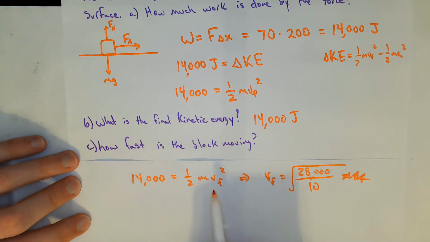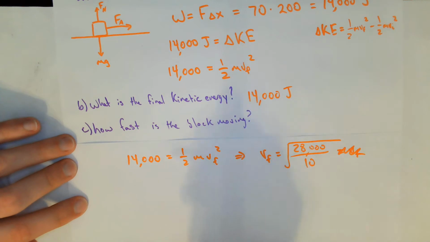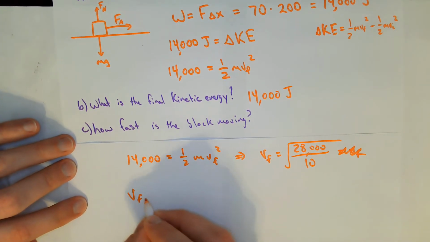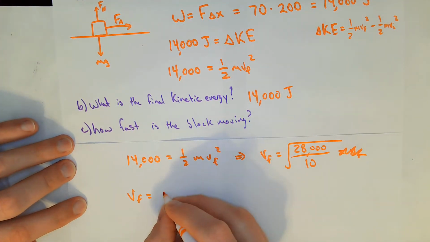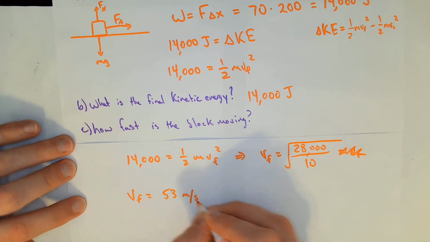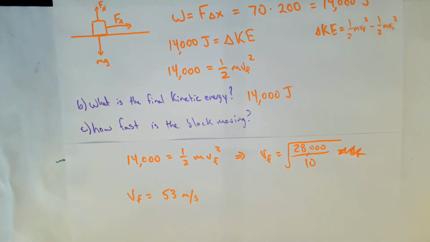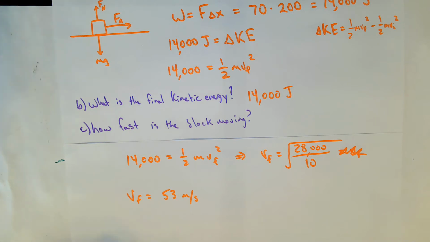Square root. And I'm getting v final is equal to 53 meters per second. 52.9, what should I say? Yeah, 53 meters per second, that's good. That's how fast the block is moving.